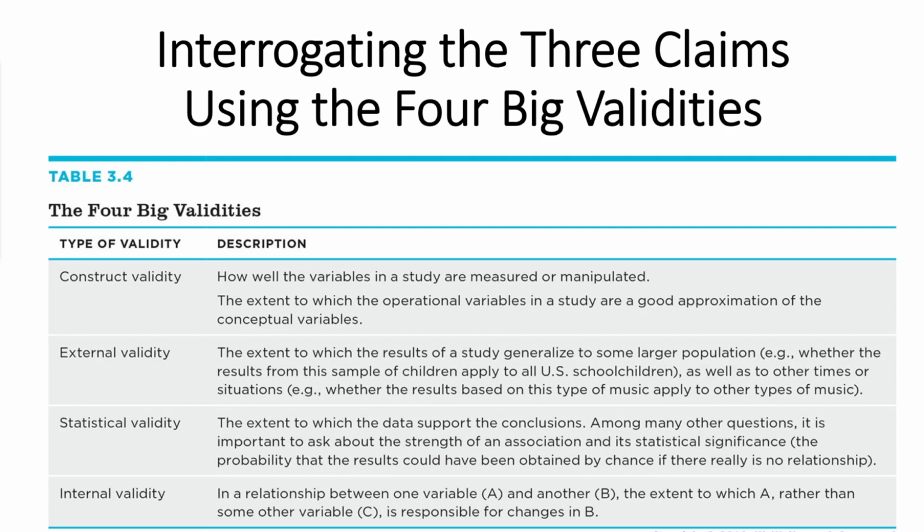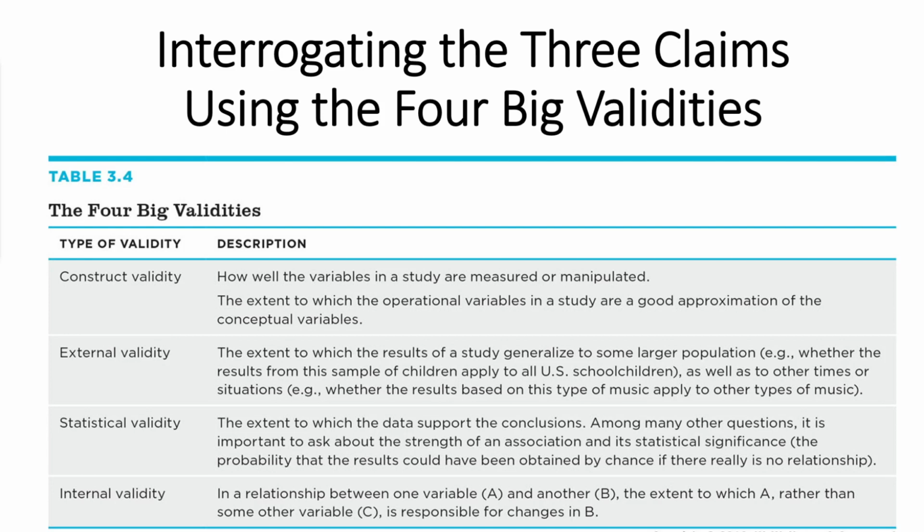So now that we've gone through our types of claims, those 3 broad categories of research that we can talk about, we want to look at how we can critically evaluate those 3 different types of studies. And our textbook publishers have narrowed down 4 ways that we can critically evaluate those different types of studies.